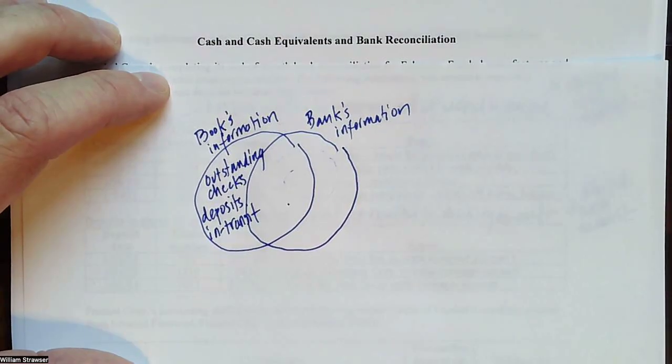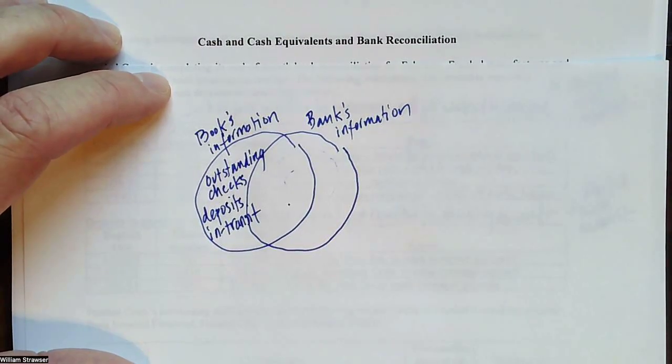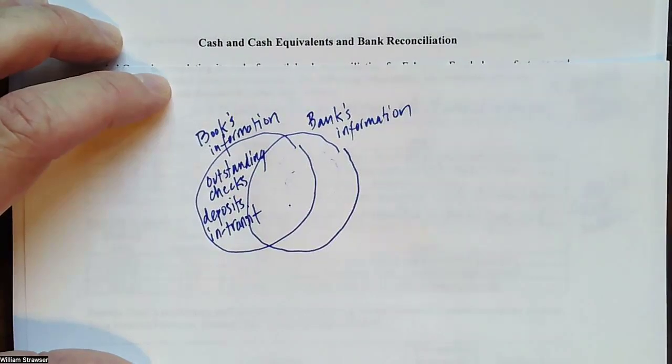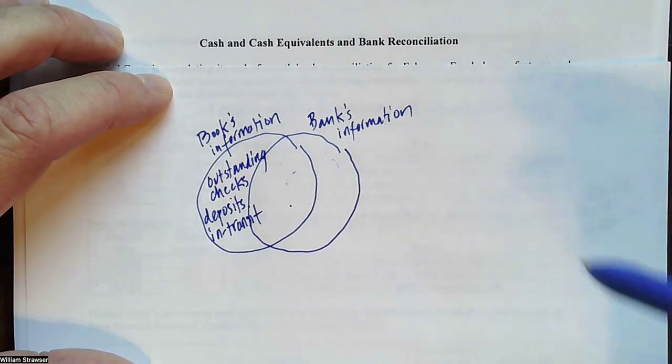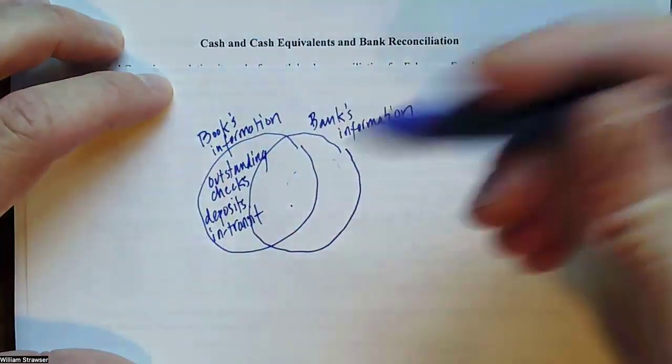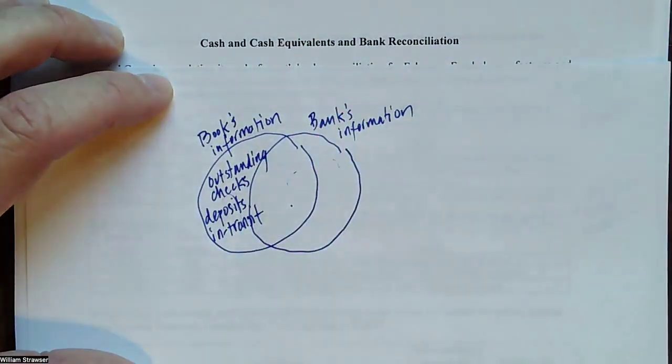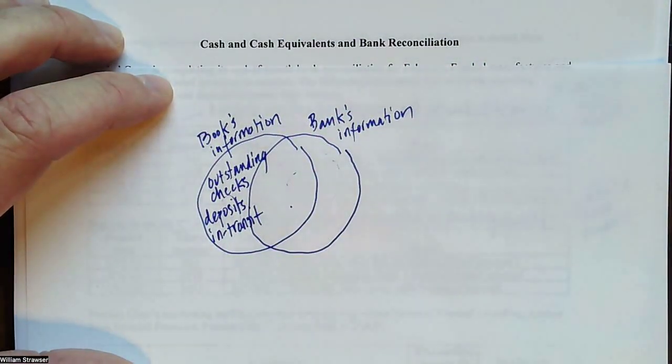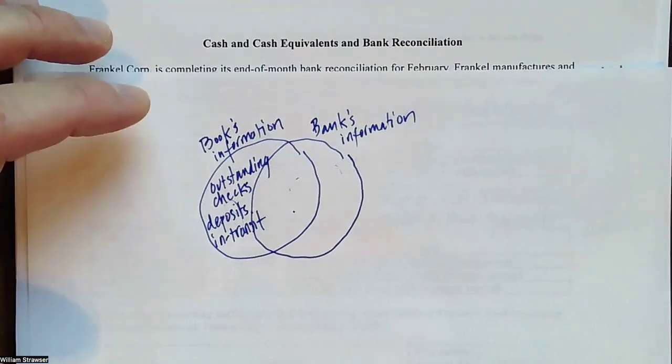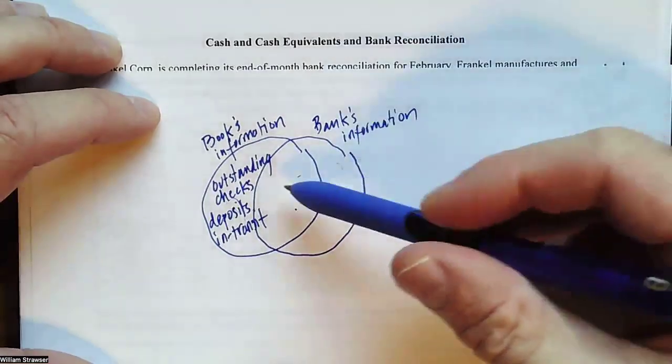And so our bank is unaware that that check was actually even written until the payee deposits the check, and then it clears our account, withdrawing the check amount. The deposits in transit we know about because we debited the cash account when we received that check. But again, it has not yet cleared our account at the bank, and so the bank is not updated for that.